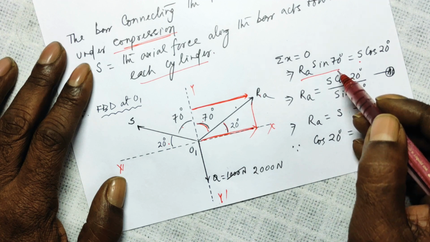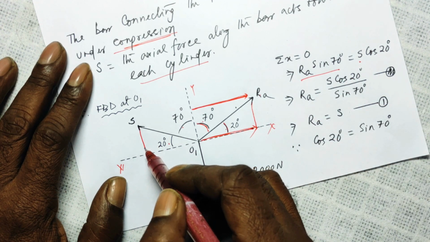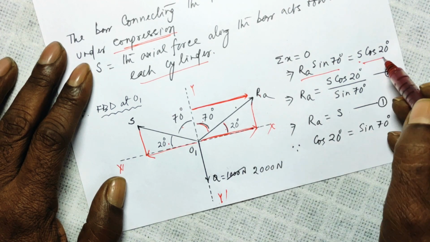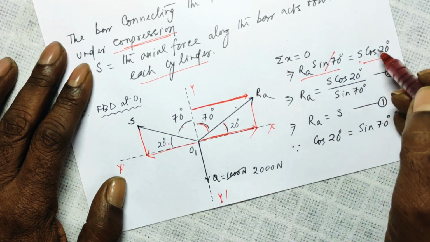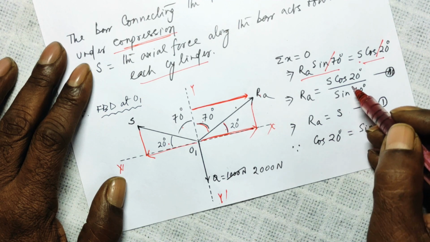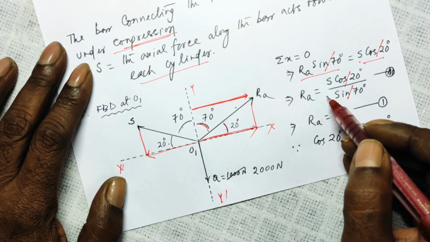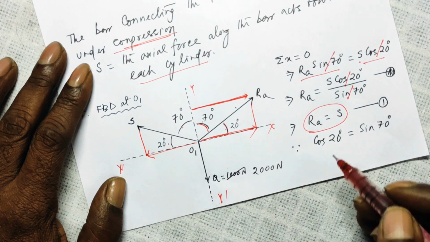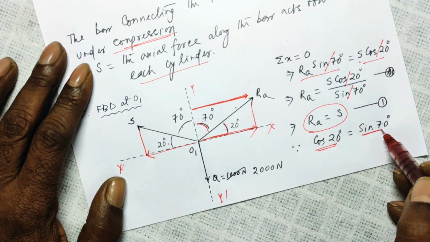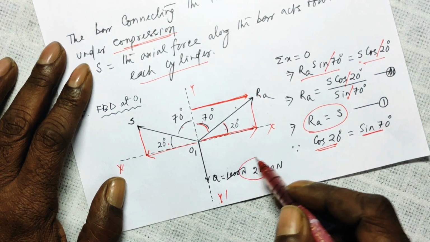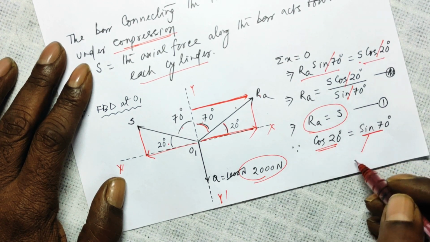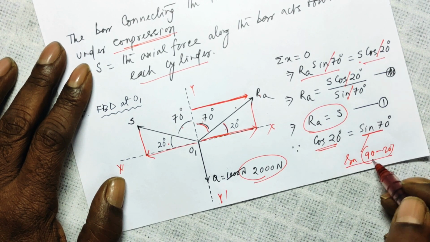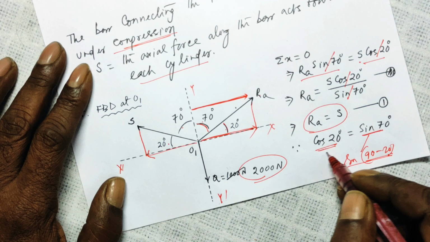So RA sin 70, and the component of S along negative x-axis is equal to S cos 20. Sin 70 is the same thing as cos 20, the numerical values. So RA is equal to S. This is because the value of cos 20 and the value of sin 70 are equal. You can check with a calculator, or you can write it as sin of 90 minus 20. Sin of 90 minus theta is the same thing as cos theta, that is cos 20.